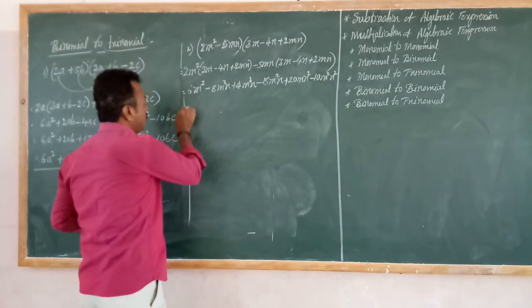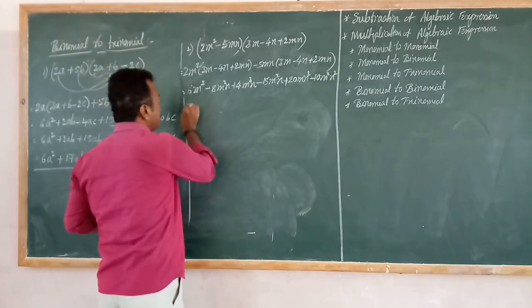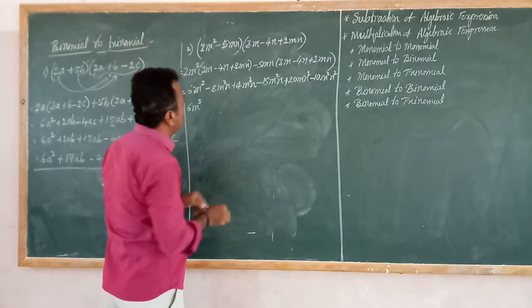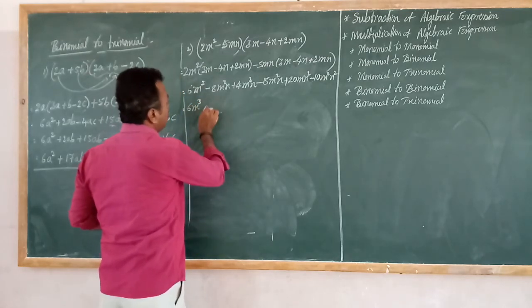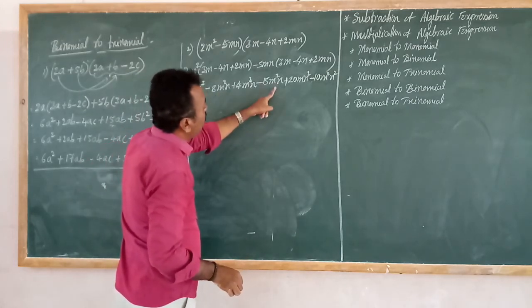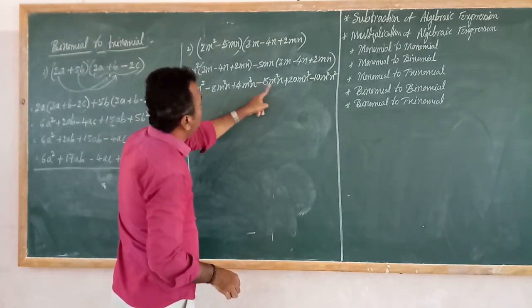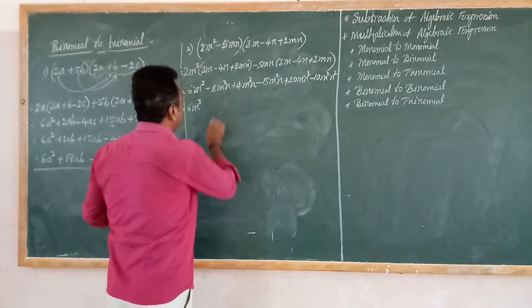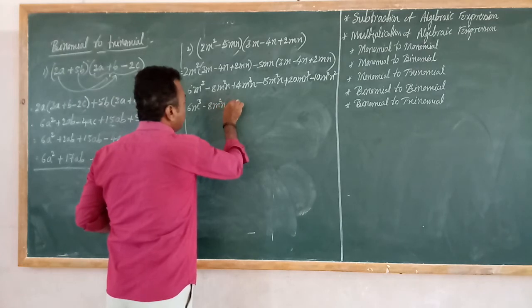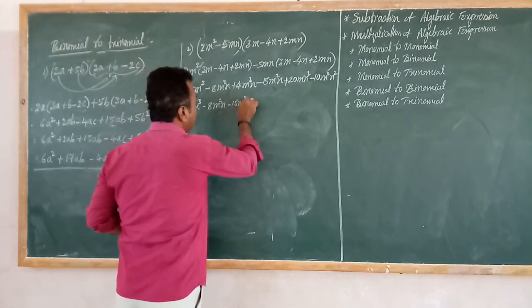So next, students, we have to make groups of like terms. 6m cube: is there any other m cube term? Nothing is there. So that's why 6m cube minus 8m square n. Here also minus 15m square n. Correct, so these two are like terms. That's why minus 8m square n and minus 15m square n.